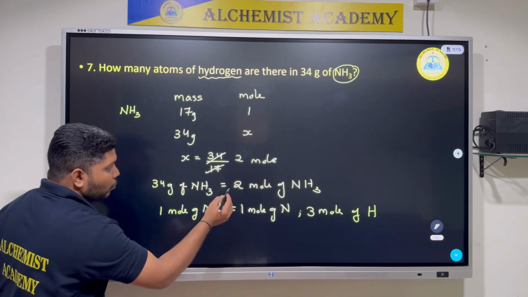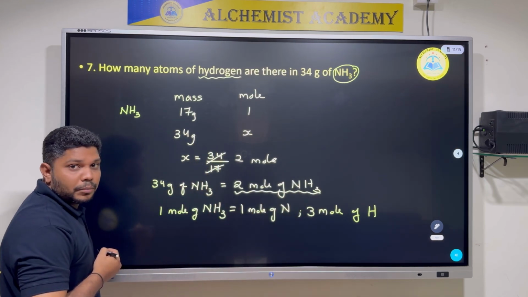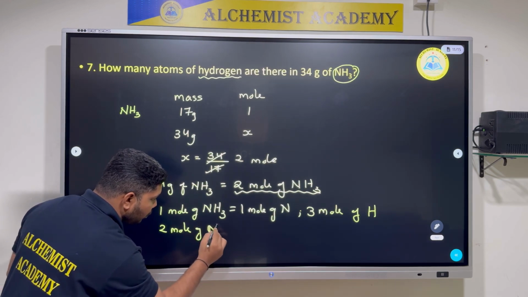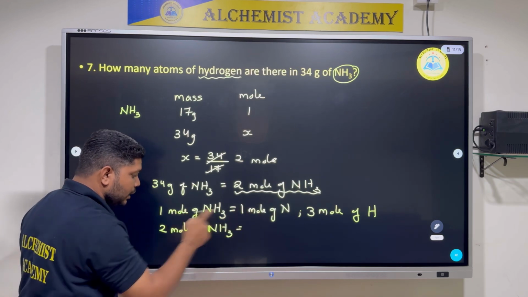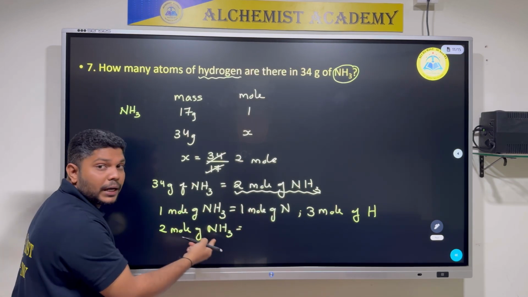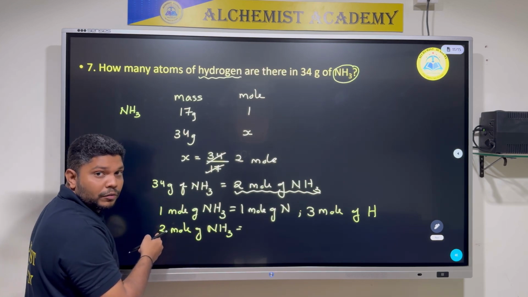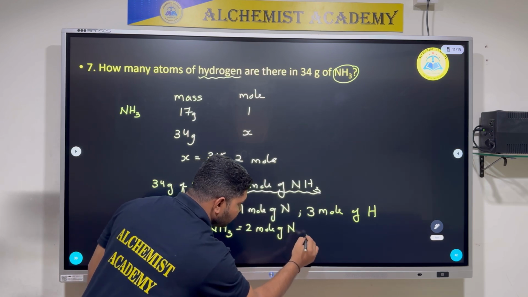Now how many moles of ammonia are we getting in this particular problem? 2 moles. So for 2 moles of ammonia, what will you write? If this is for 1 mole, then for 2 moles you multiply the atoms by 2. Nitrogen is 1 here, so it will be 2 moles of nitrogen.